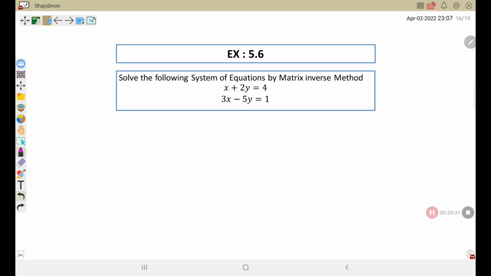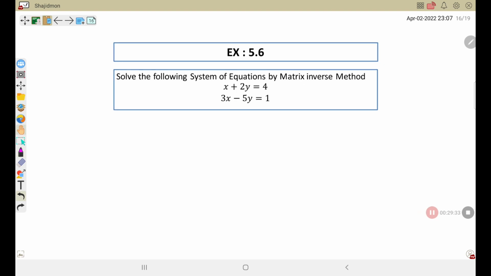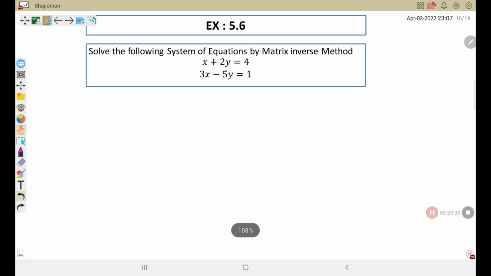Solve the following system of equations by matrix inverse method. So solve, we need to find the solution, correct? We need to find what is the x value and what is the y value by using which method? Matrix inverse method, okay, by using the inverse of a matrix, correct?